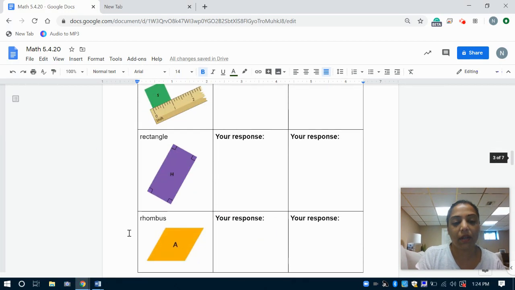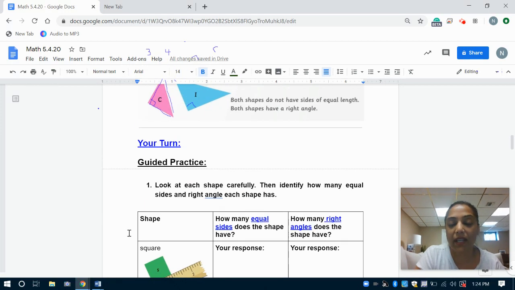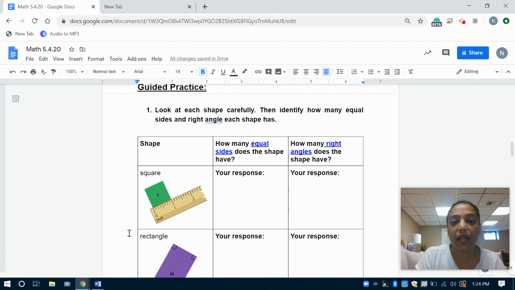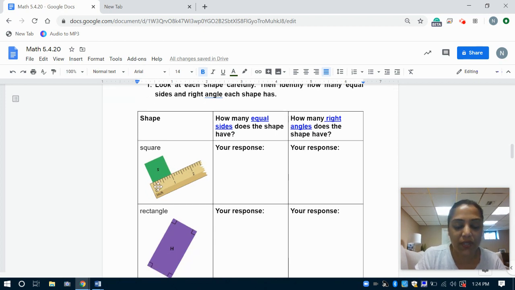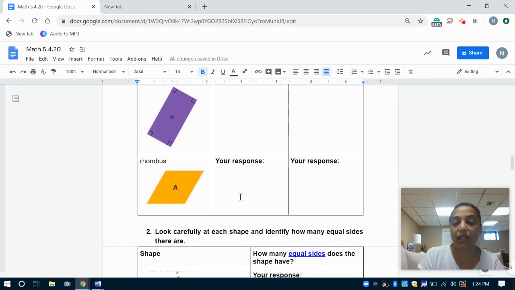Guided practice says: look at each shape carefully, then identify how many equal sides and right angles each shape has. You're going to look at the shape and tell us how many equal sides it has. For this one, you can see they've held a ruler up to the side of the square. This is 1 inch, and I'm just going to tell you that all sides are 1 inch. That's a big clue. So how many equal sides does this square have, and how many right angles? Same thing for the rectangle and the rhombus.